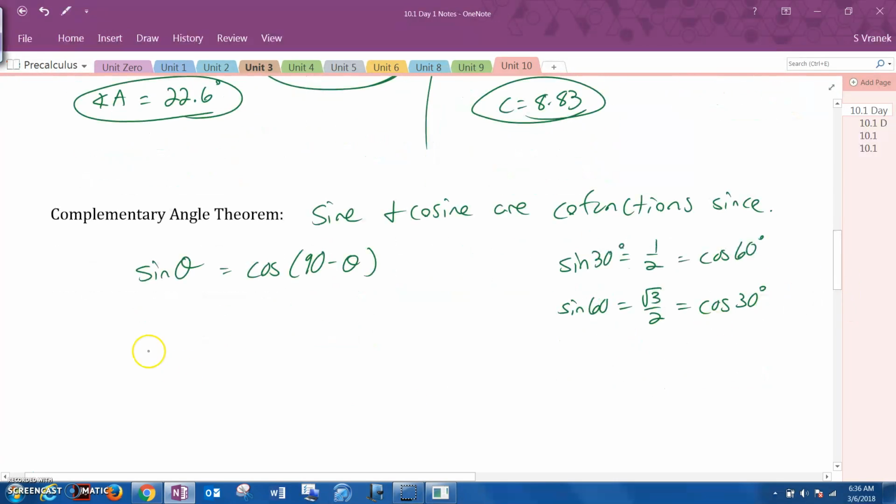The other cofunctions then are secant and cosecant, and tangent and cotangent. Also cofunctions. Okay? So we can use that to do some identities real fast. If you guys want to pause the screen to finish writing this up, I'm going to move on.